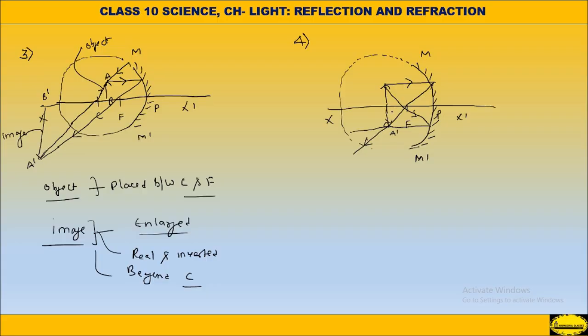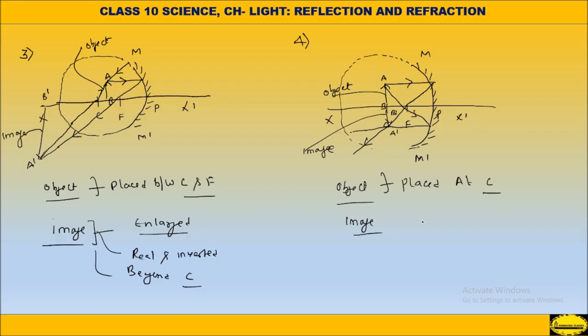So it is A dash B dash, and here it will be A B. This represents the object and this represents the image. So what we have done, we have placed the object at center of curvature.